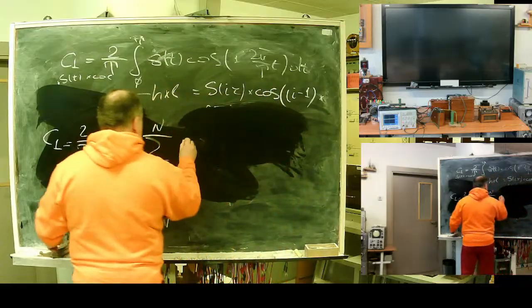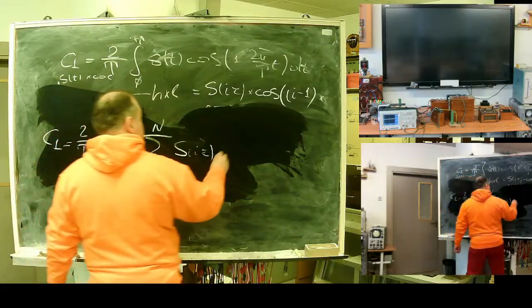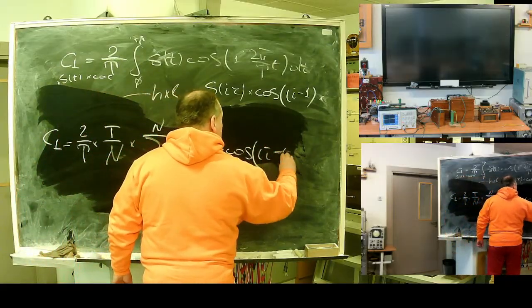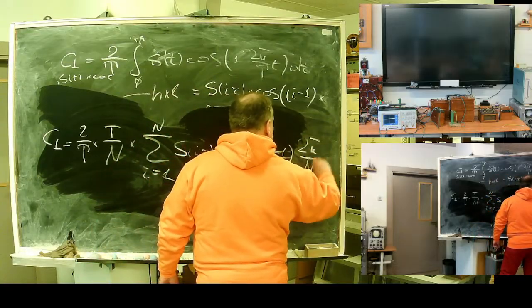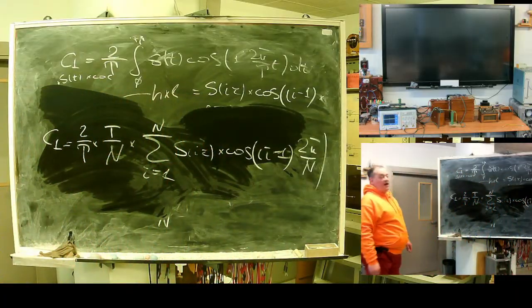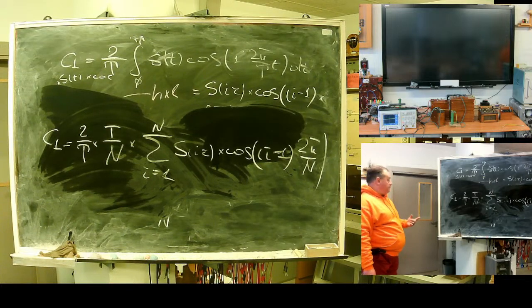It will be the value of the signal multiplied by cosine of (i minus 1) times 2 pi divided by n. Here I got the numerical factor for cosine of the base frequency.